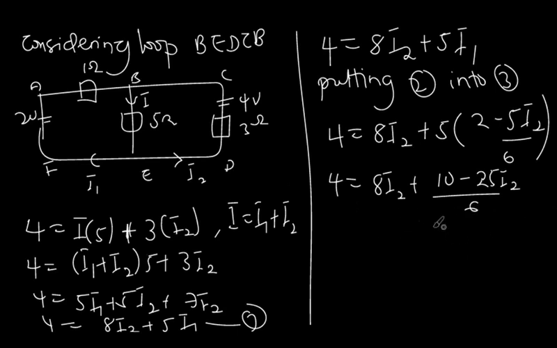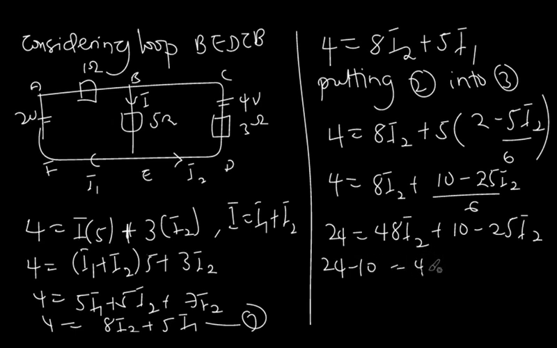So 6 times 4 will give us 24 is equal to 6 times 8, which is 48I2, plus 6 times the whole of this fraction, which will still give us 10 minus 25I2. So this means we can bring the 10 over here. So we have 24 minus 10 is equal to 48I2 minus 25I2.